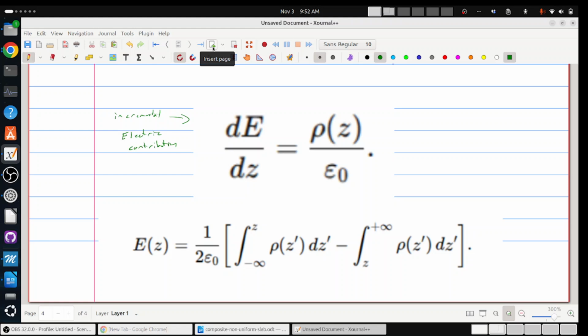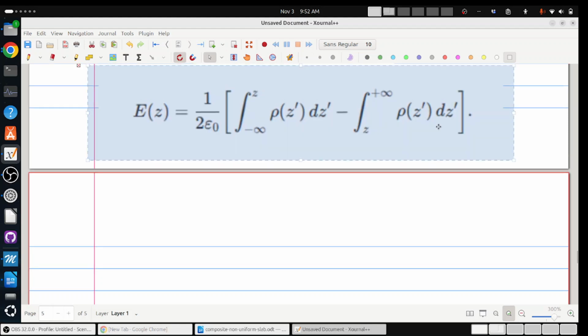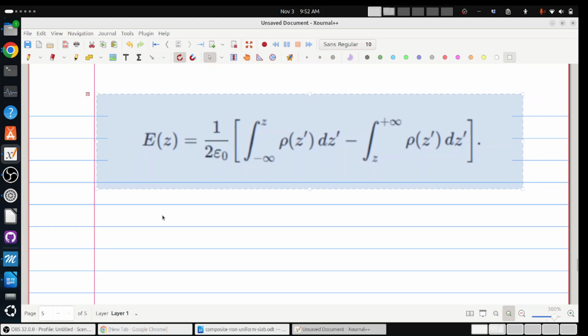Now, I'm going to break this down just a little bit into some other cases, just again so we can think about our three regions. And so I'm going to grab this thing and copy it and paste it down here.